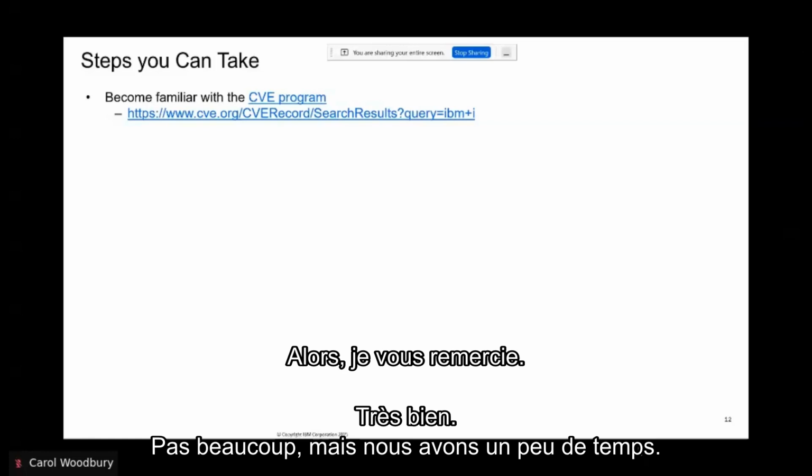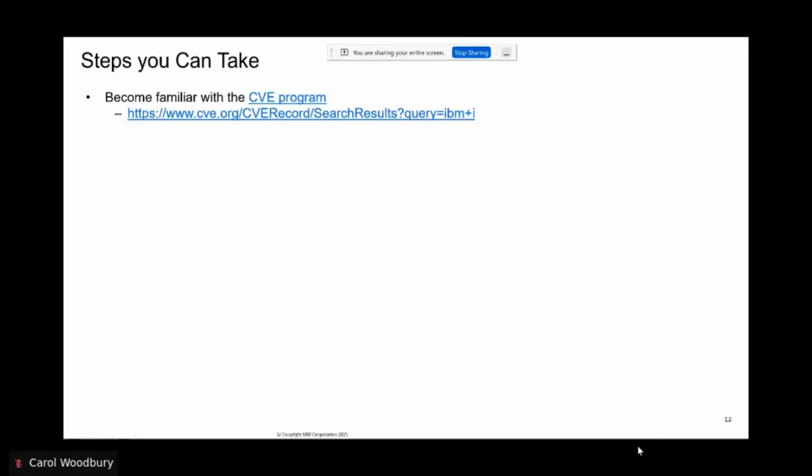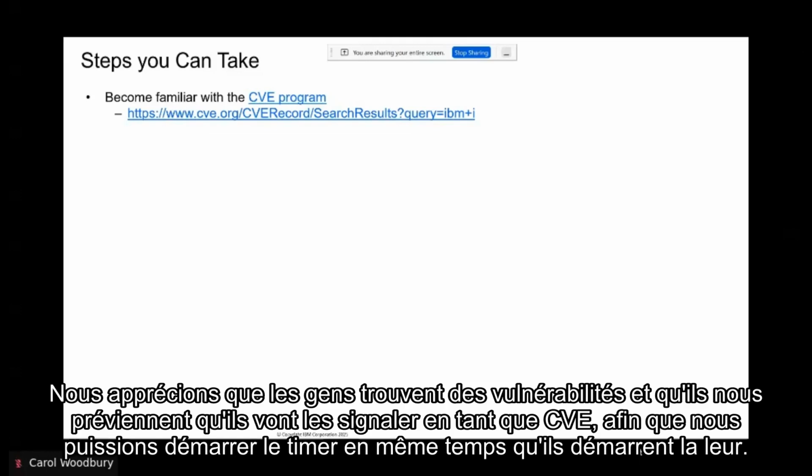All right, so we appreciate it when people find vulnerabilities and give us a forewarning that they are going to report this as a CVE, so we can start our clock at the same time as they're starting theirs.